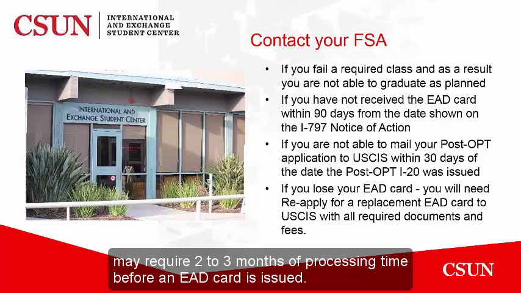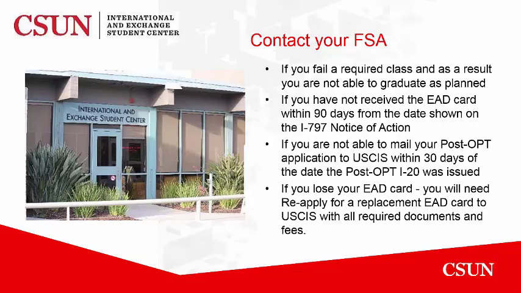Contact your FSA if you fail a required class and as a result are not able to graduate as planned. If you have not received the EAD card within 90 days from the date shown on the I-797 Notice of Action. If you are not able to mail your post-OPT application to USCIS within 30 days of the date the post-OPT I-20 was issued.